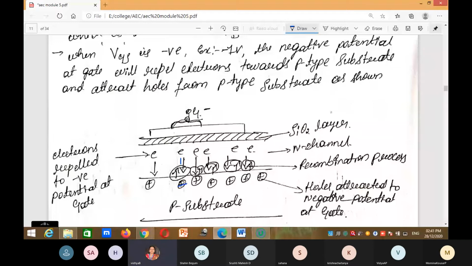You can observe in the figure here. This is the silicon layer, the n-channel recombination process. This is called a recombination process where electrons flow towards the p substrate, and holes are attracted to the negative potential at gate. Electrons are repelled by the negative potential at gate.